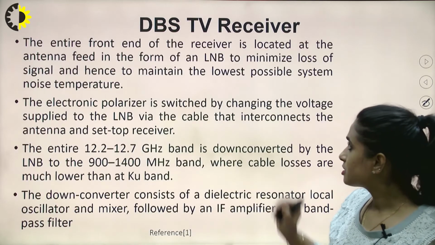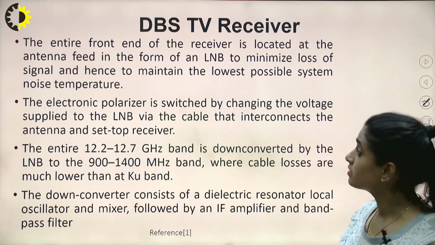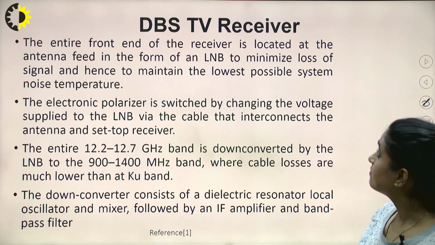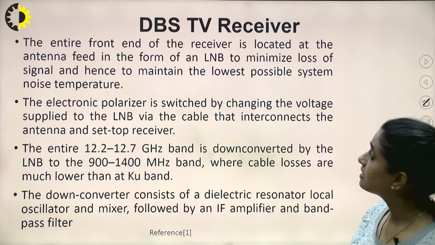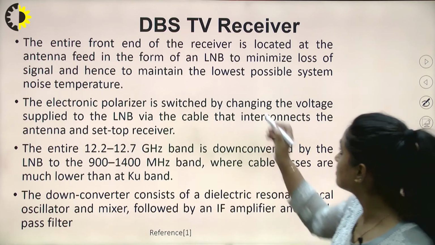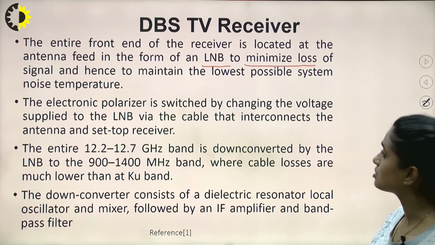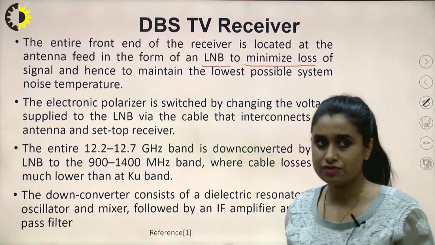All this has been explained in the theory here. The entire front end of the receiver is located at the signal feed in the form of an LNB to minimize loss of signal, true, and hence to maintain the lowest possible system noise temperature, which is true.